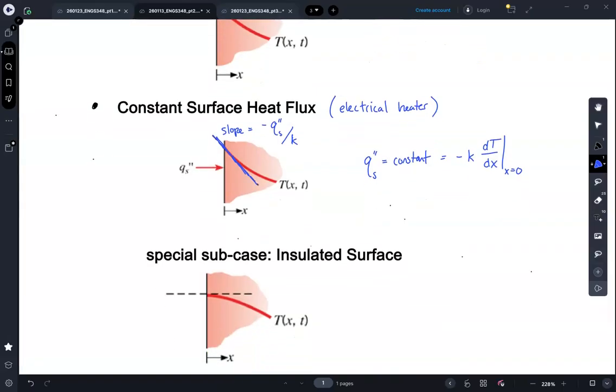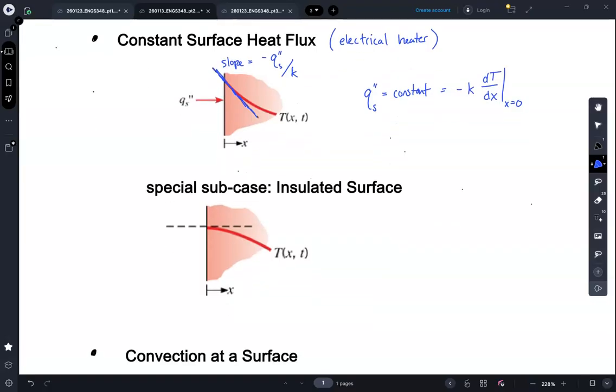An insulated surface is a special subcase because often we can have surfaces, sometimes even in the middle of objects, as we'll see, where effectively a surface is insulated. We see the same equation, but now Qs double prime, the heat flux, is equal to 0 because it's insulated.